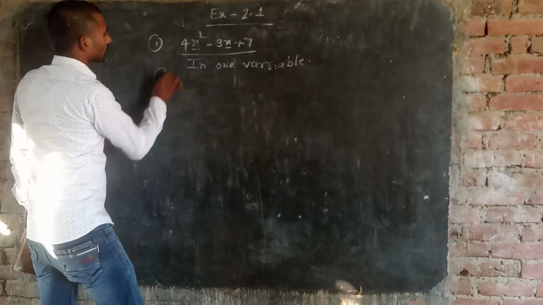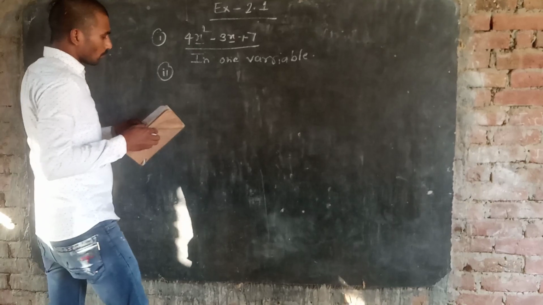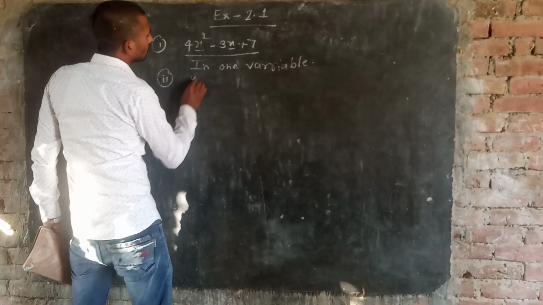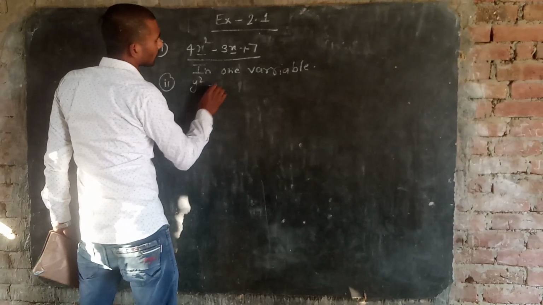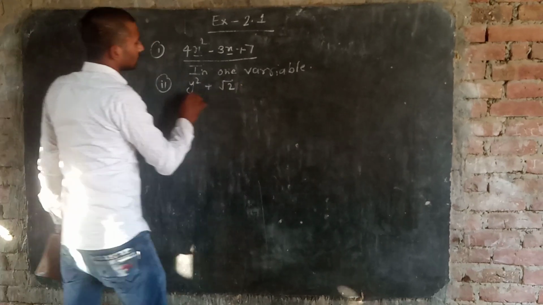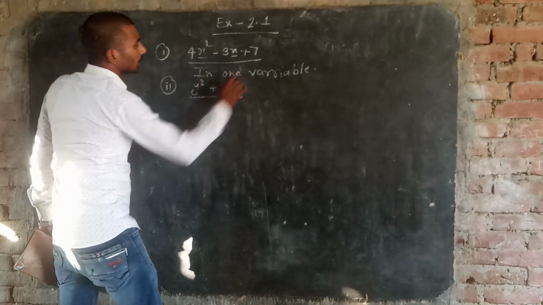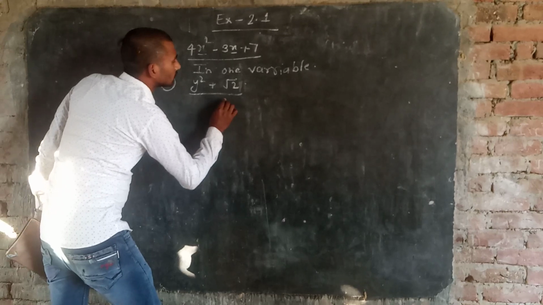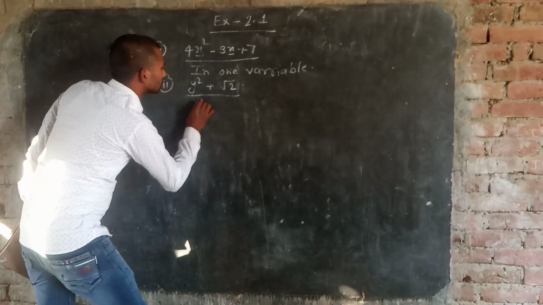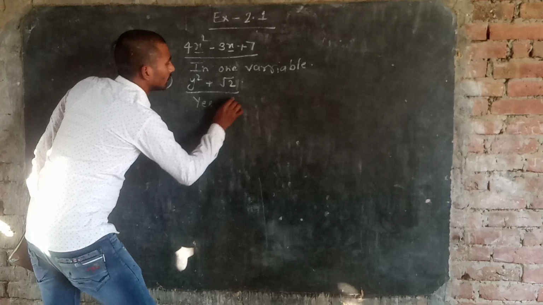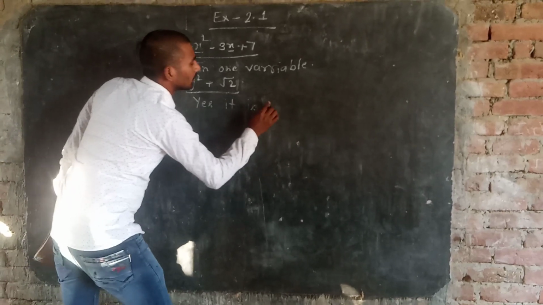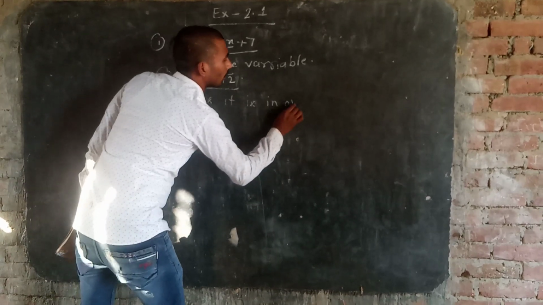Second, y square plus under root 2. This is also a polynomial in one variable. So we can say yes, it is a polynomial in one variable.